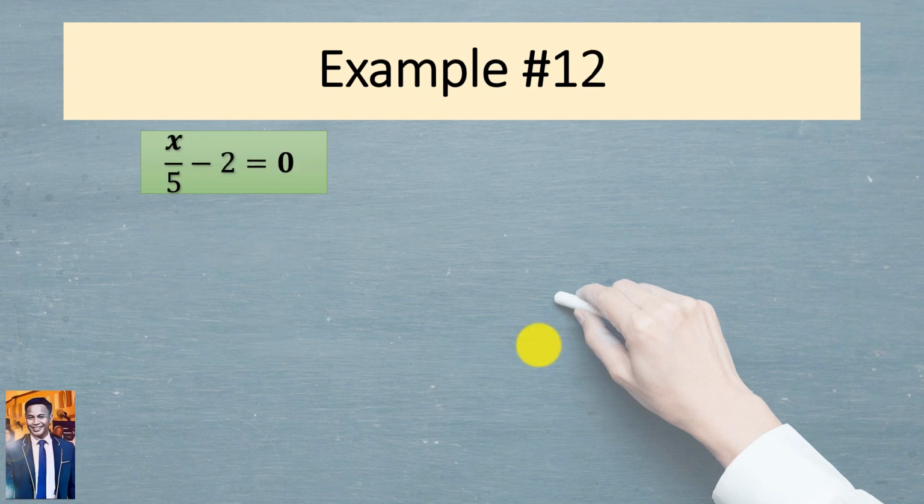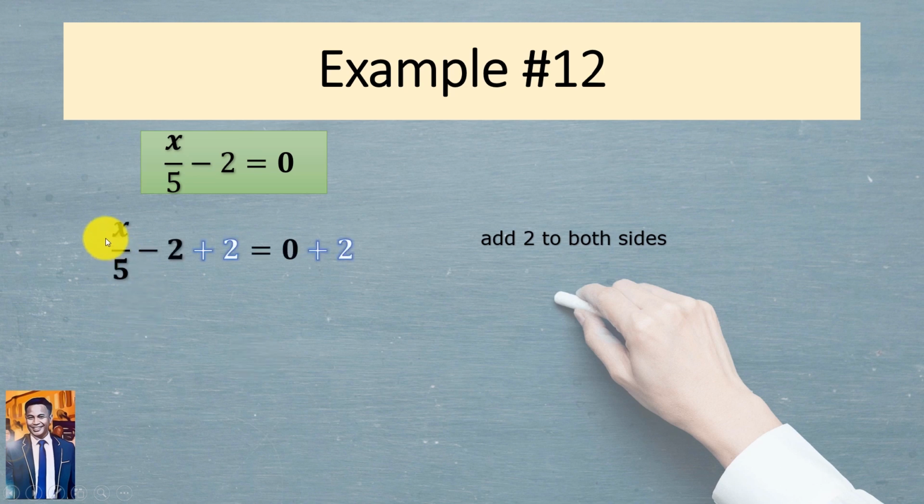Yun. Next, last example. X over 5 minus 2 is equal to 0. Okay? Pansin na natin, may minus 2 rito. So, pwede natin siyang tanggalin by both sides, we are going to add 2. And that makes it x over 5 minus 2 plus 2 is equal to 0 plus 2.